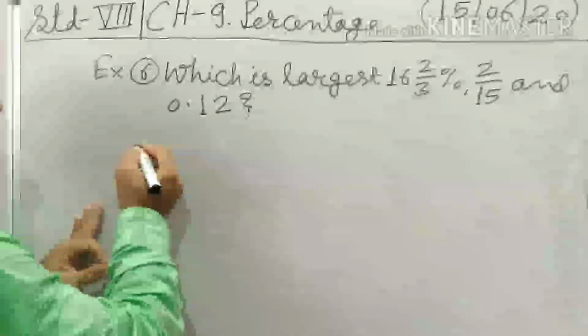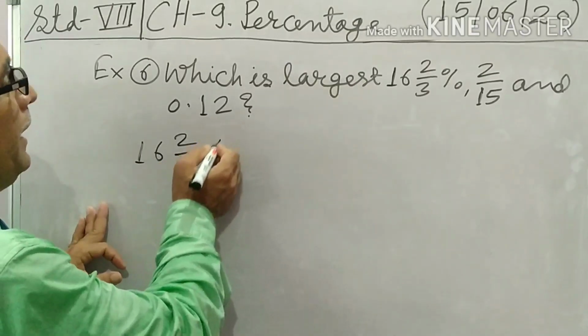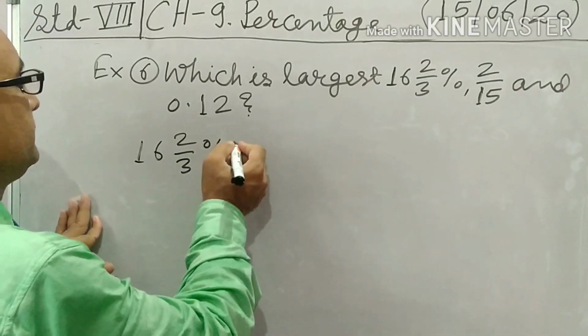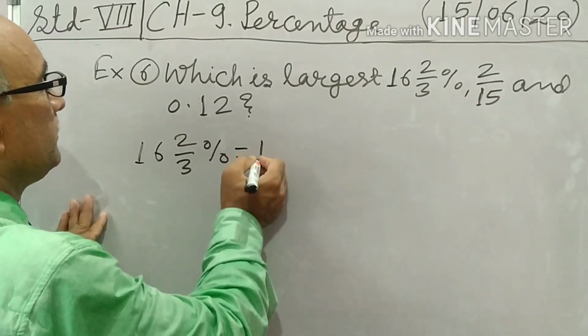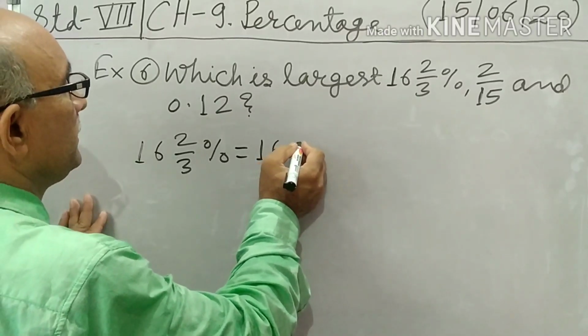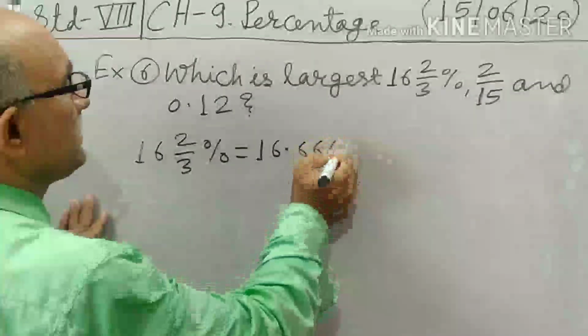So first, 16 whole 2 by 3% is already a percentage, equal to 16.666%.